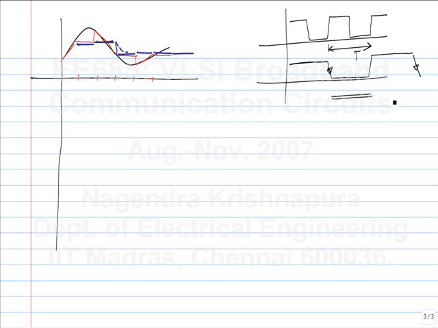So if you choose to use something like this with half the clock frequency, what you have to do is have a sample and hold with clock, where clock represents this waveform. You have to have another sample and hold driven by the same input and sampled by clock bar.